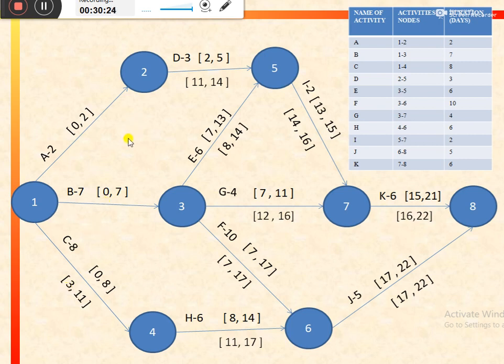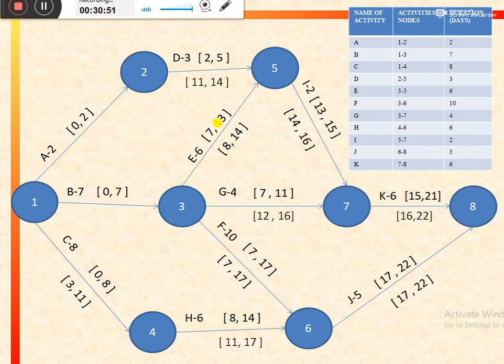Now comes the activity B. So it is very important to calculate the latest start and latest finish for activity B, because there are three successors for activity B. These are activity E, activity F, and activity G. So which one would be the latest finish for activity B?